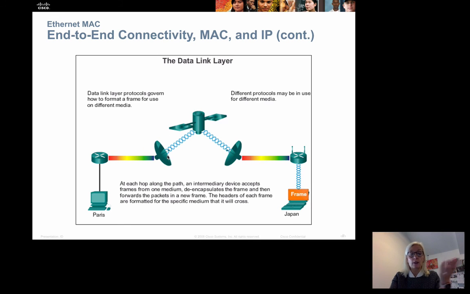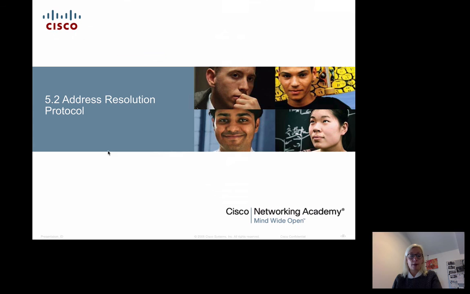If you want to, for instance, send it by satellite, then an entirely different protocol applies. And up in the satellite, it will change again, and when it's received by the end receiver, if it's a wireless network, it can be changed again. But the IP address will probably be the same all the way through, so that we will know where to send it. And that was a little bit about the MAC address.